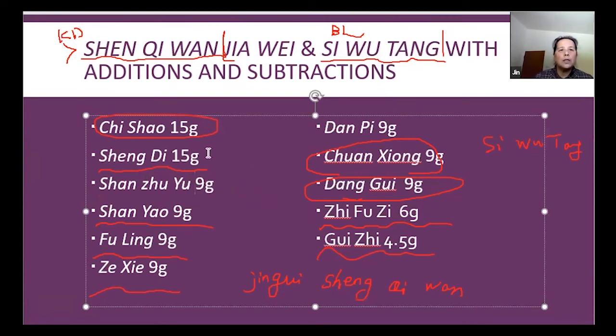They just add 丹皮 there. 丹皮 is 牡丹皮, which clears some heat in the blood. So that's the formula here.